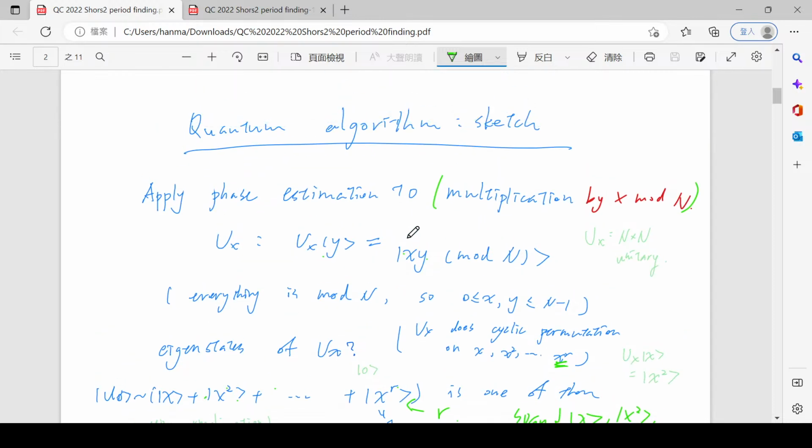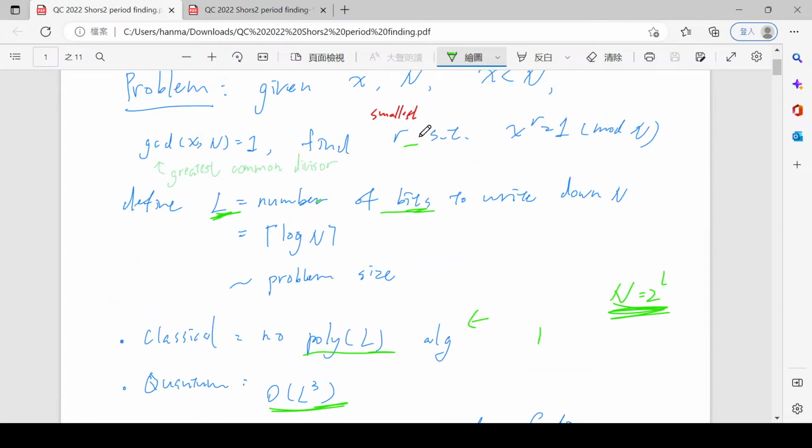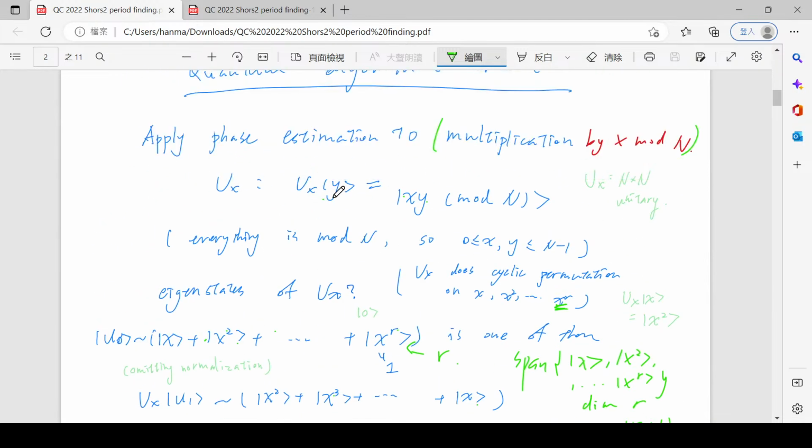The quantum order finding algorithm is basically phase estimation applied to multiplication, where we define this multiplication unitary. It's very classical. It maps a computational state to another computational state. If you give the computational state that corresponds to the integer y, and U_x is related to this x, whose order you want to find, then U_x acting on y just gives you xy, and everything is mod N.